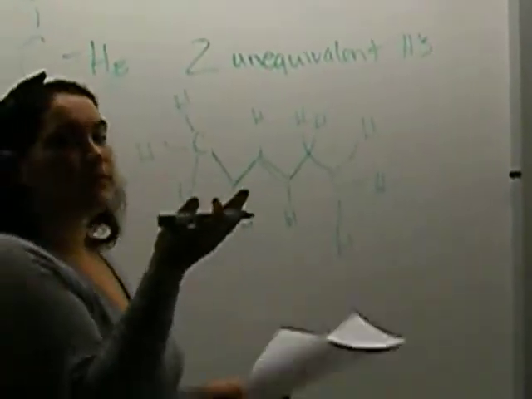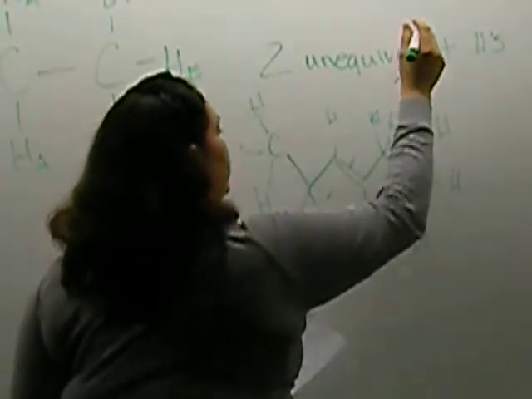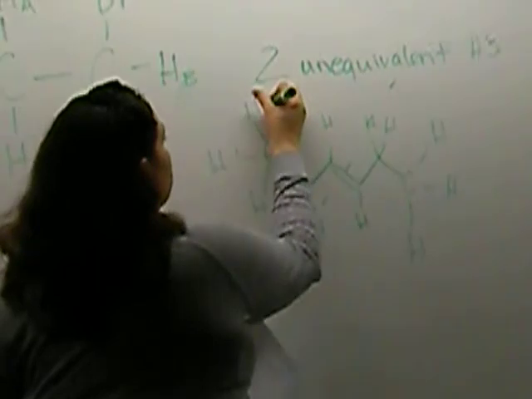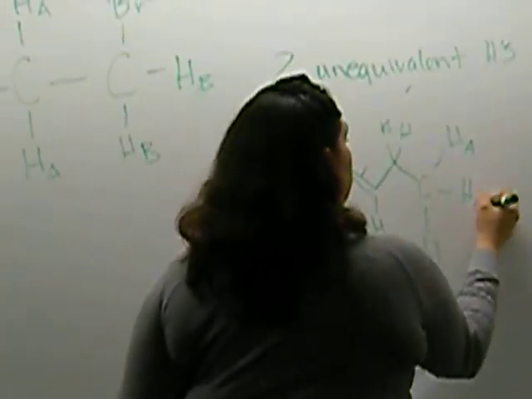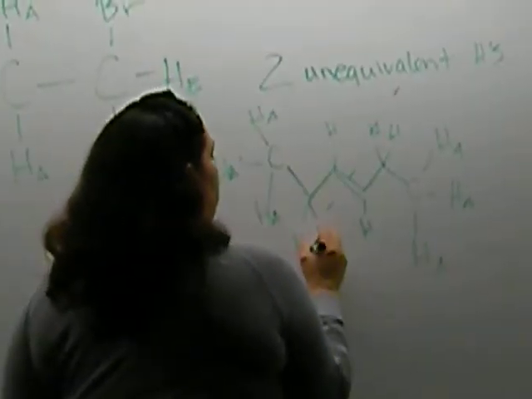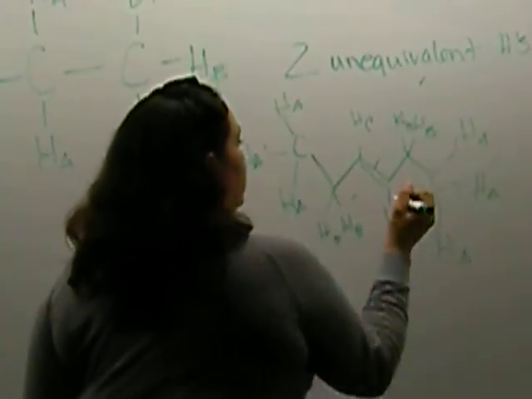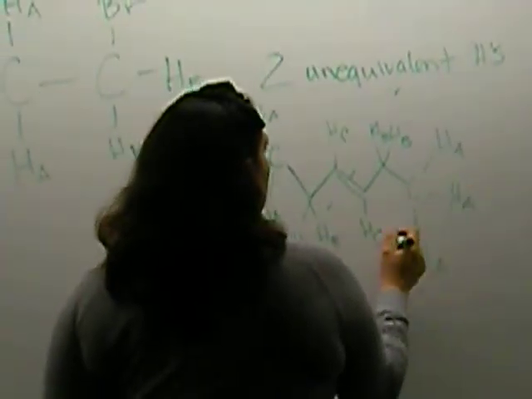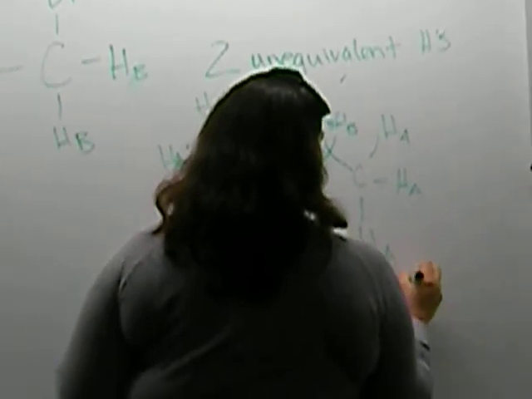So this molecule contains symmetry because of the double bond. So therefore, these hydrogens would be labeled A as well as these. And these hydrogens would be labeled B as well as these. And this would be C. So in this one, there's 1, 2, 3 nonequivalent hydrogens.